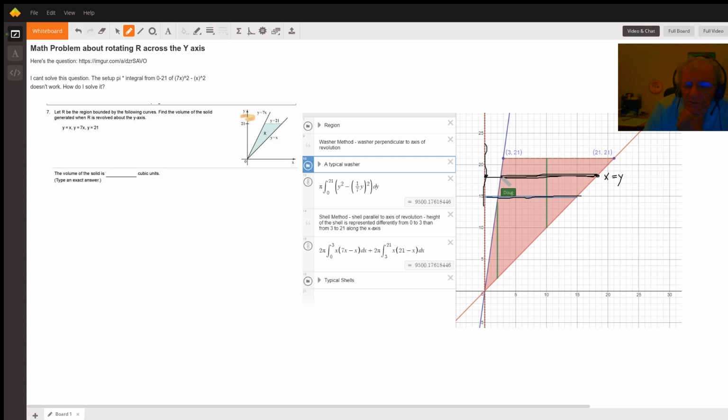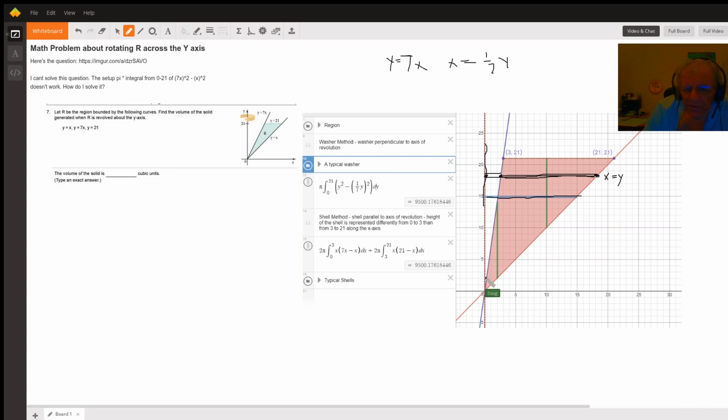But for this distance right here, the inner radius, since y equals 7x, the horizontal distance is x equals 1/7 y. So that's what's depicted in this integral, where I'm using outer radius squared minus inner radius squared.